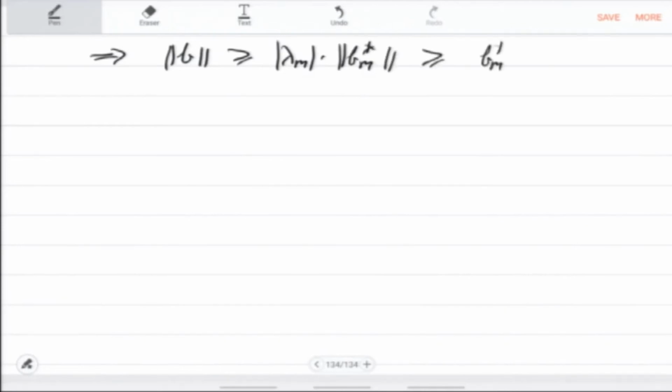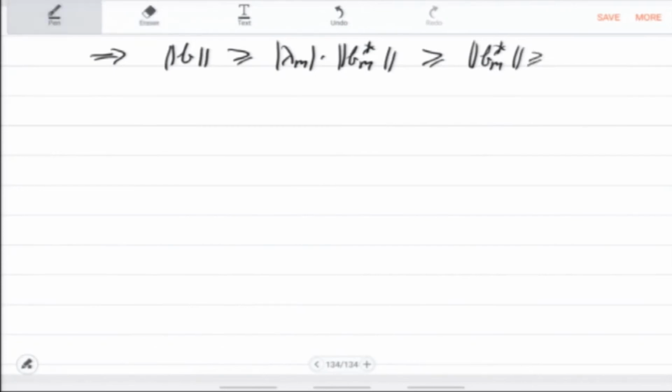Okay, which means that we have shown the norm of B is at least lambda m times Bm star, which is at least Bm star. So we have shown that the length of B is at least as much as this Bm star, which contributes as a component to B. Which means that the min property is satisfied.